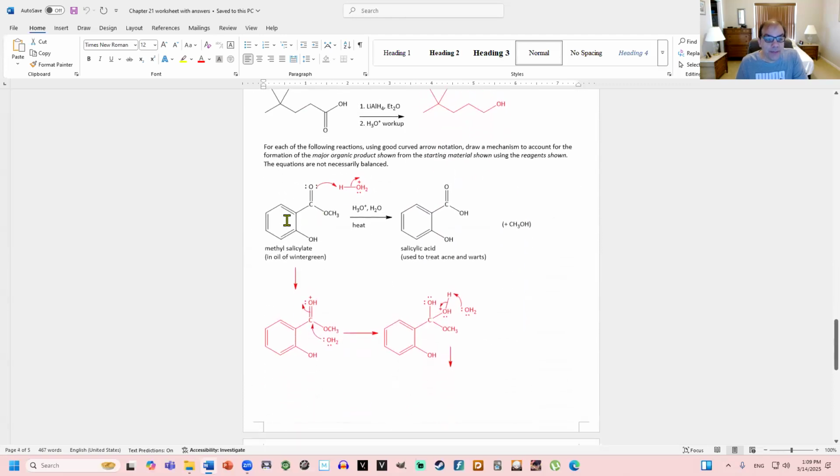The first mechanism in which we go from methyl salicylate to salicylic acid is in aqueous acid medium. And remember, we've made this very clear in class. When you're in acidic medium and there's a reaction that involves nucleophilic addition to a carbonyl carbon, the first step will always be protonation of that carbonyl oxygen using whatever acid you're given.